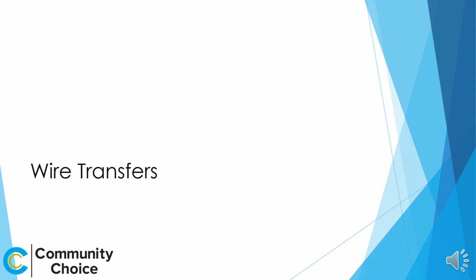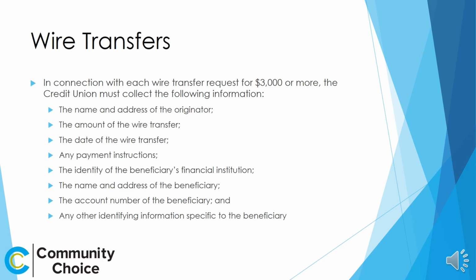The credit union also has reporting requirements in connection with outgoing wire transfers. In connection with each wire transfer request of $3,000 or more, the credit union must collect and record the following information. Number 1, the name and address of the originator of the wire transfer.